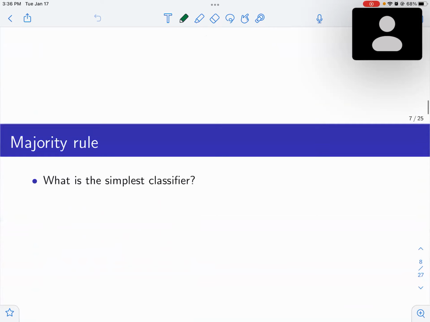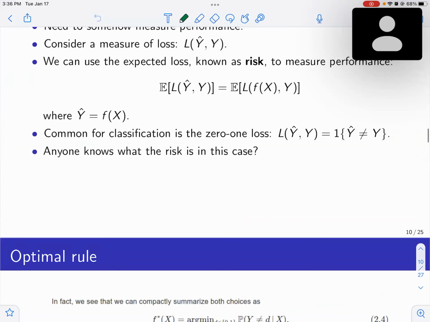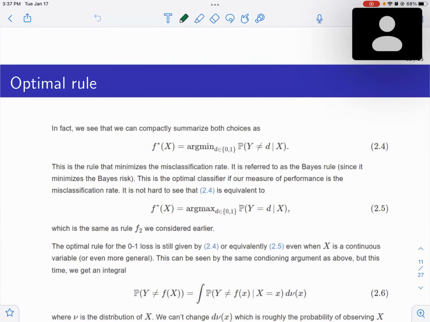Then we ended up showing that the optimal rule would be this: look at the probability that y is not equal to b given x, and for a fixed x, try to maximize, find the decision that maximizes this probability, either 0 or 1. If it's 0, then I'm going to predict 0. If it's 1, I'm going to predict 1.